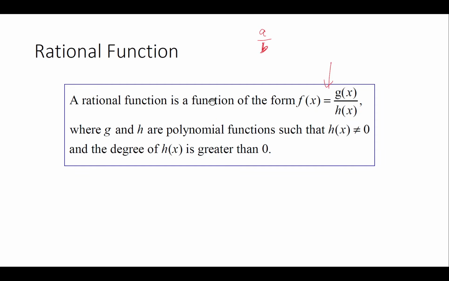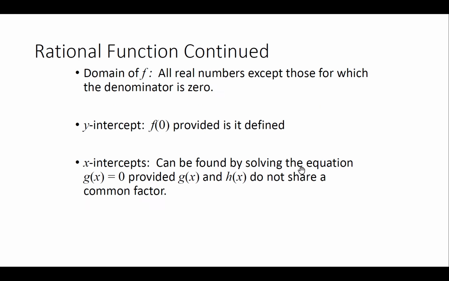A rational function is a function of the form g of x over h of x, where g and h are polynomial functions such that the function in the denominator, h of x, is not equal to 0, and the degree of h of x is greater than 0. To find the domain of a rational function, we have to look at the denominator.